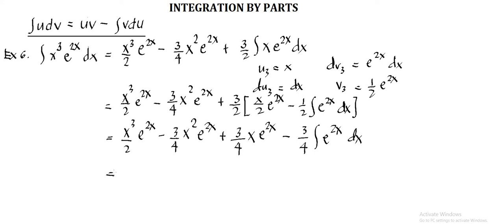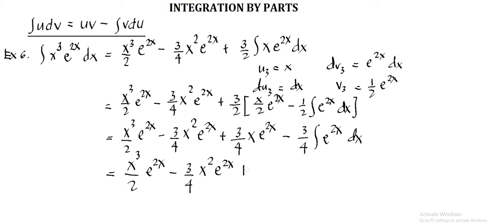So magkakaroon tayo ng x cubed divided by 2 e to the 2x minus 3/4 x squared e to the 2x.